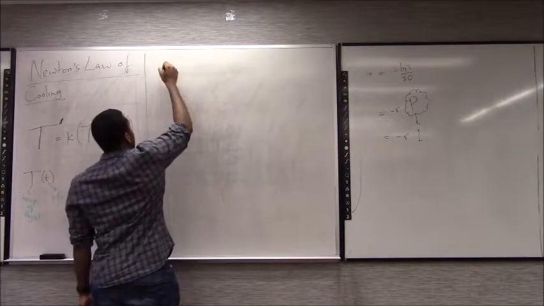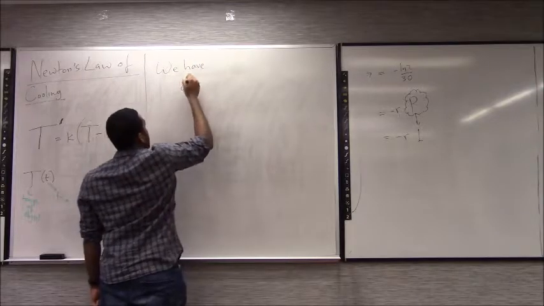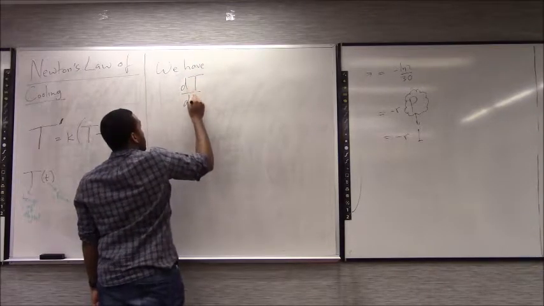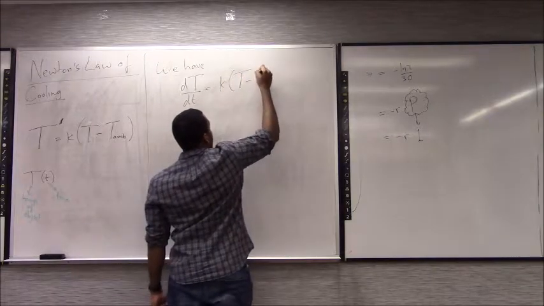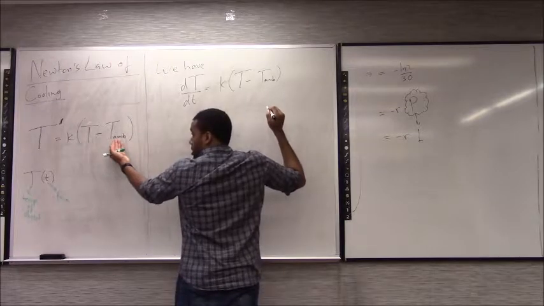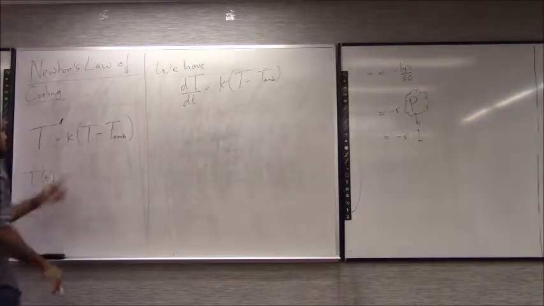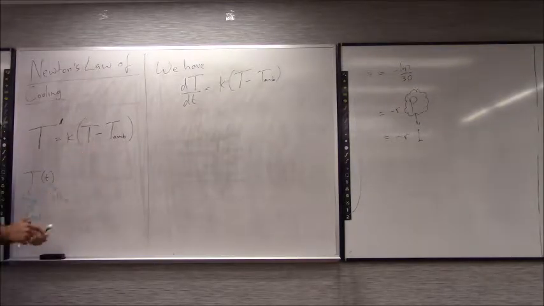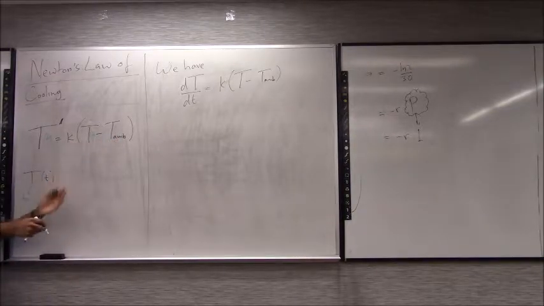So here we have dT/dt = k(T - T_amb). And by the way, T_amb is a constant. It stands for ambient, the surrounding temperature. T is actually the variable here, so this is a function of t, but T_amb is a constant. k is also a constant, a constant of proportionality.